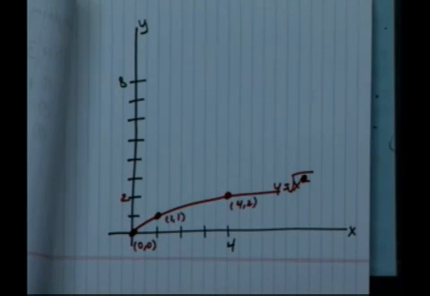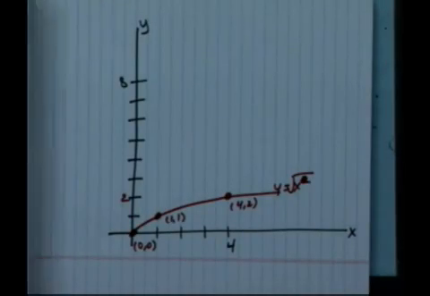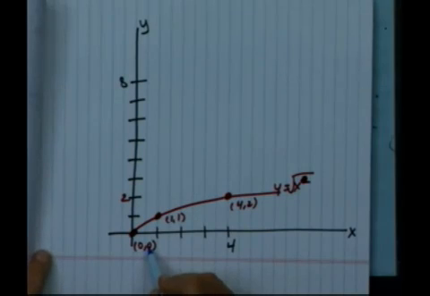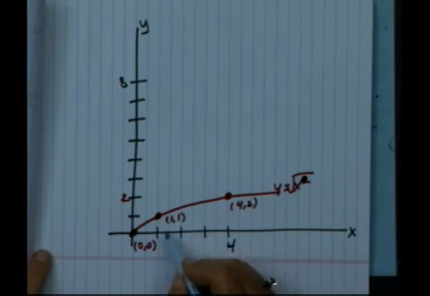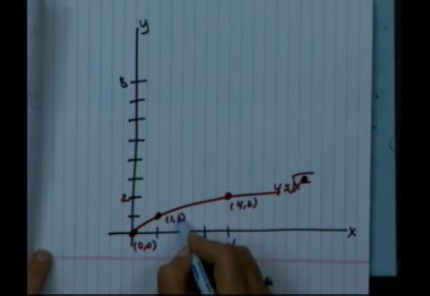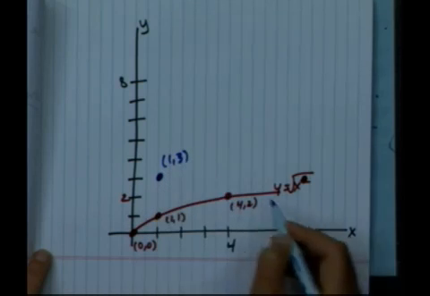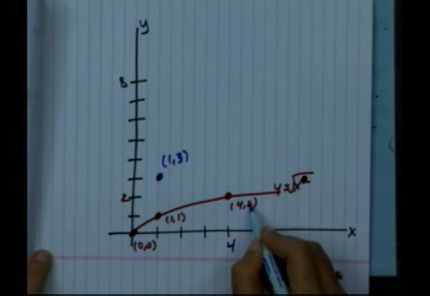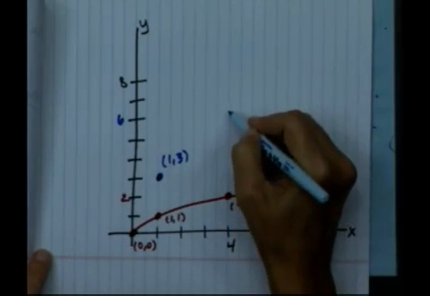All right, I know everybody's got that one. Okay, now we're going to do a vertical stretch by a factor of 3, which just means all the y values. Factor means multiply. We're going to multiply all the y values by 3. So 1, 3. And 2 times 3 is 6.